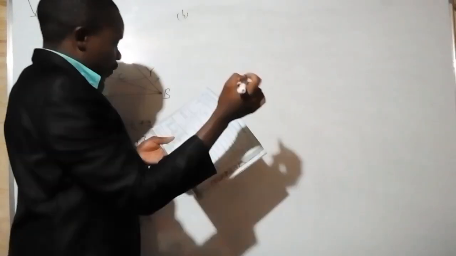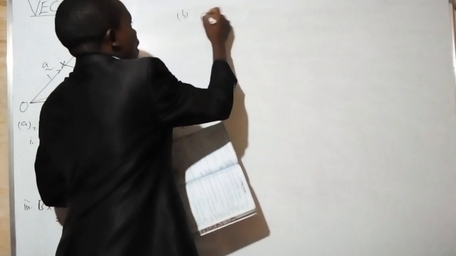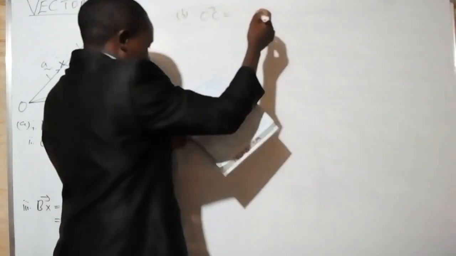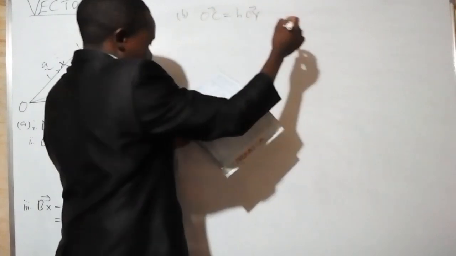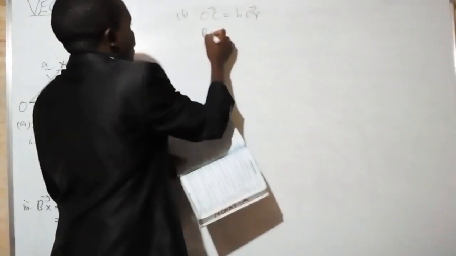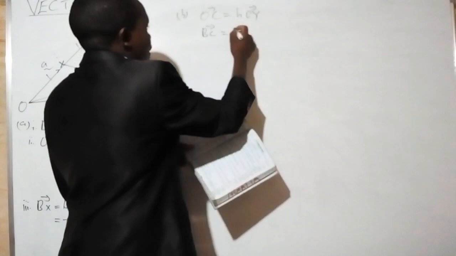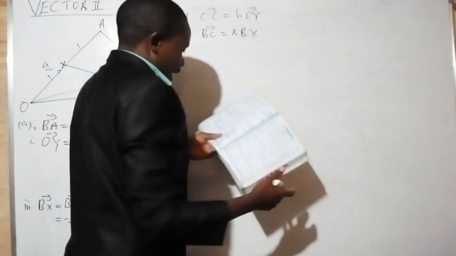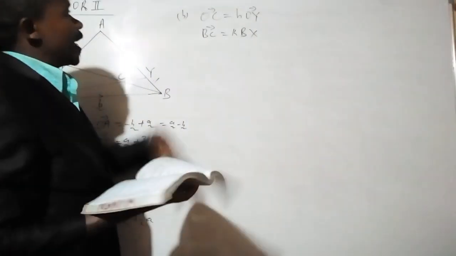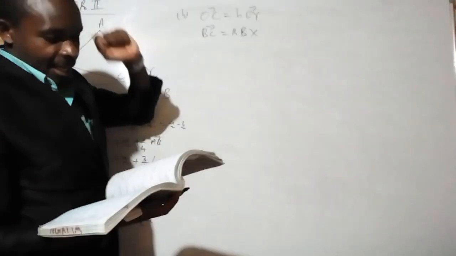Part B, you've been told that OC is H OY, and BC is equal to K BX. Determine the values of H and K. Yeah, this is 6 marks. This was 1 mark.